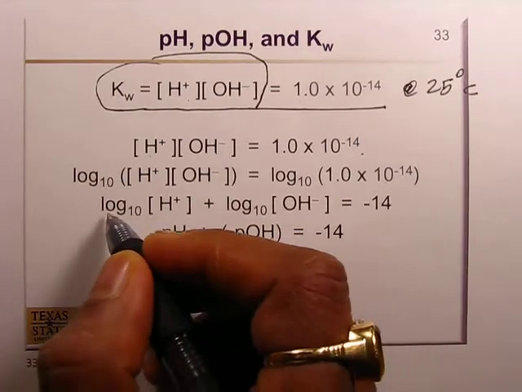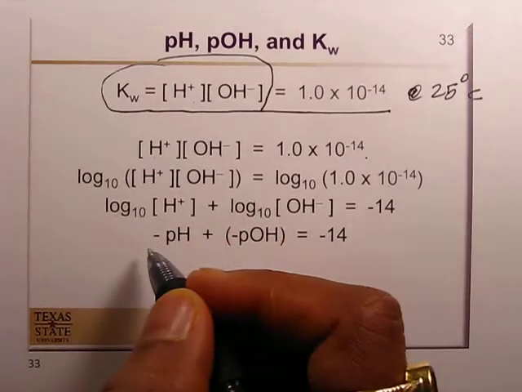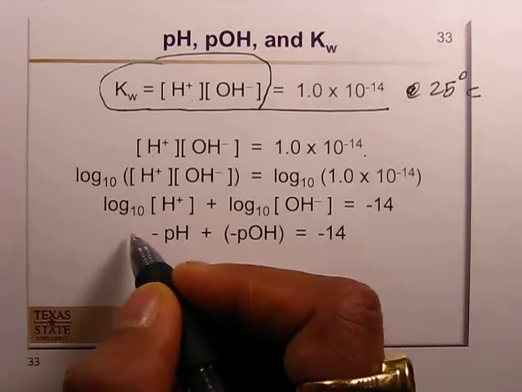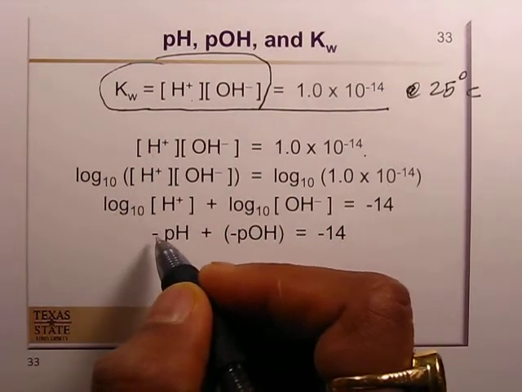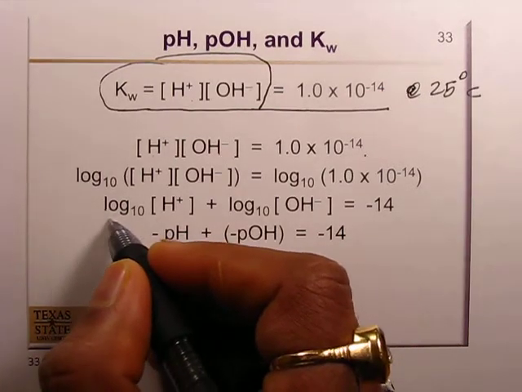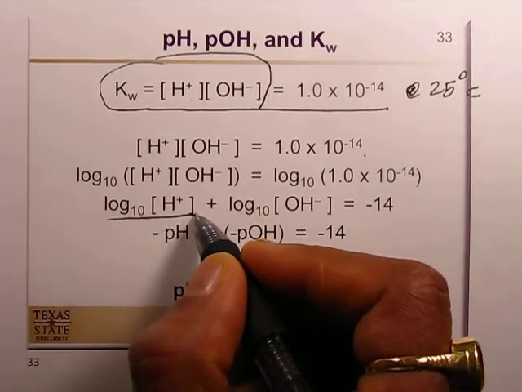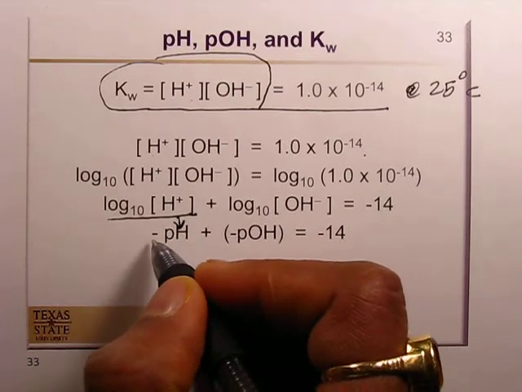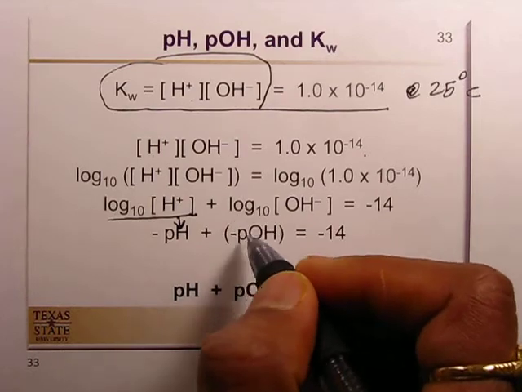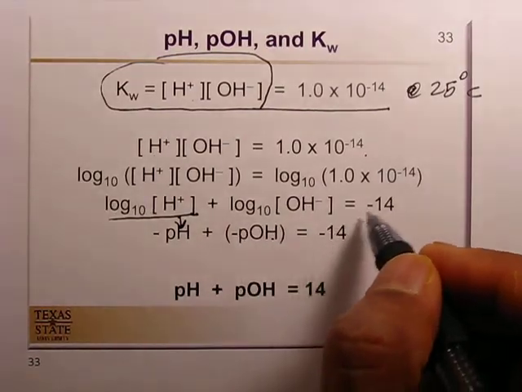And if we take negative on both sides, so basically the log 10 of the hydrogen ion concentration is the pH, but it should be written as a negative, and this will be negative pOH and 14.